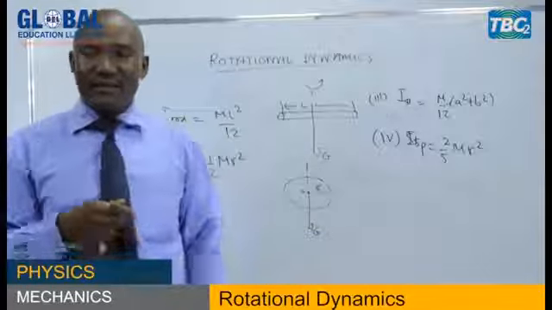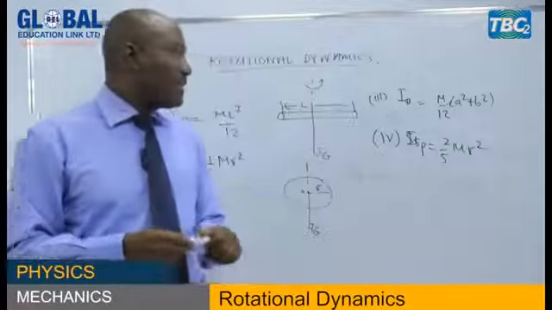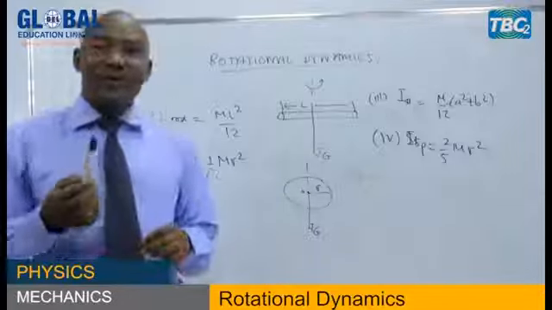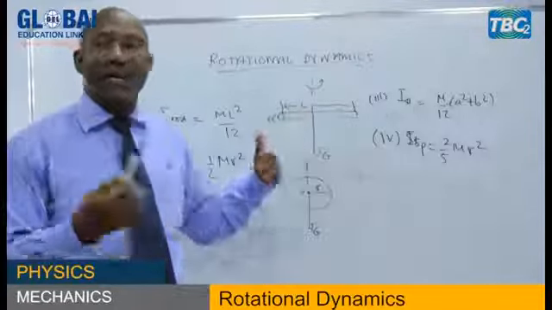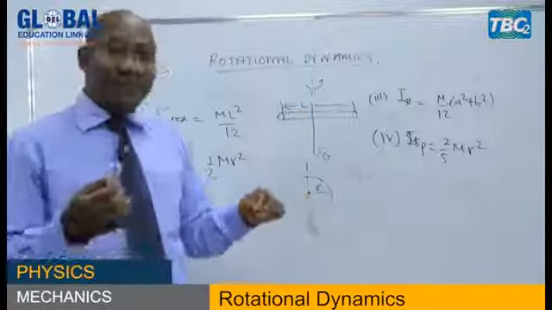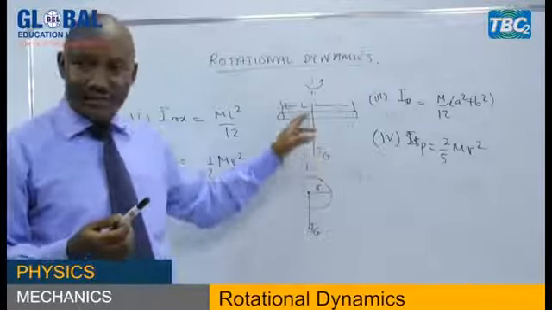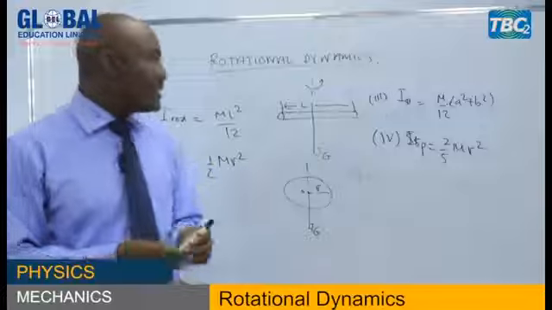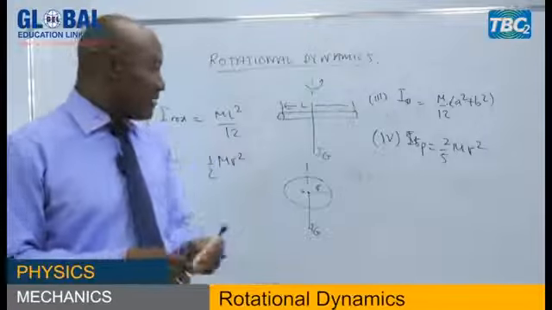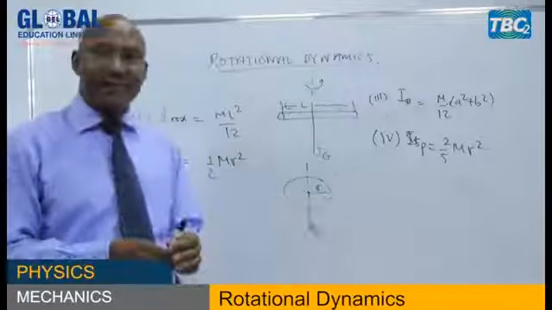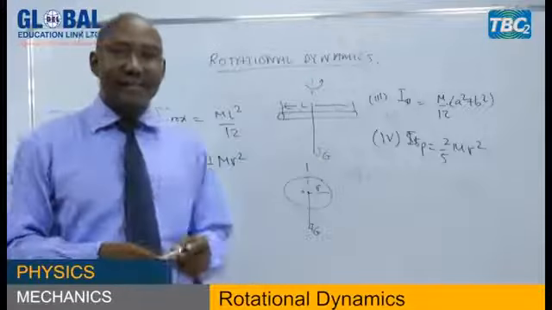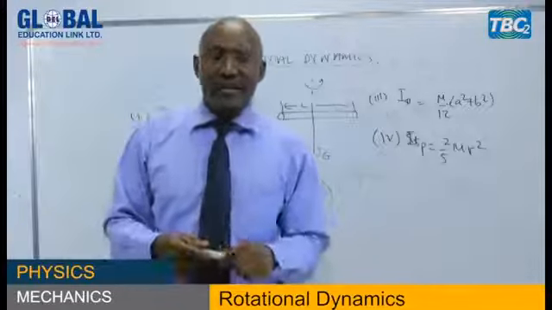Now, our today's discussion is, suppose we are looking for the moment of inertia about another axis, which does not necessarily pass through the center of gravity, the center of mass. How do you find it? Maybe it's passing at the end. Maybe it's passing through the diameter. How do you find that? So that's our today's discussion.